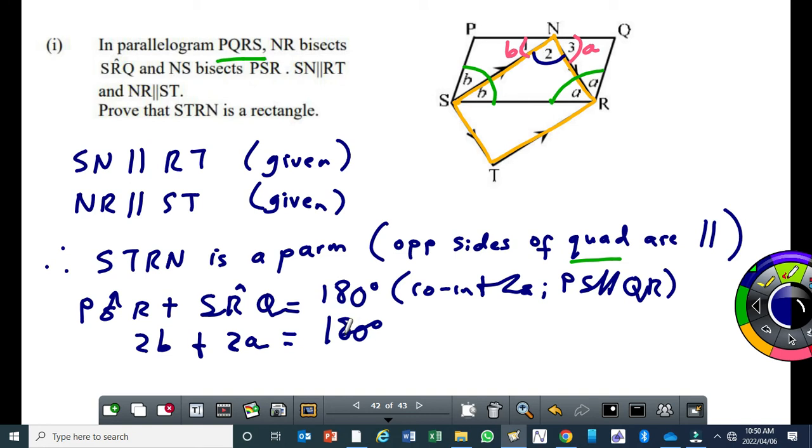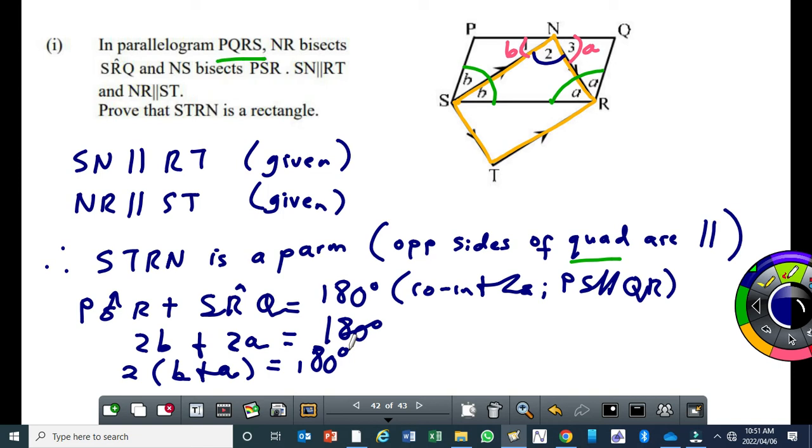Then I'm going to use my knowledge of factorization. If I factor out 2 here, I'll get 2 times (B plus A) is equal to 180 degrees.